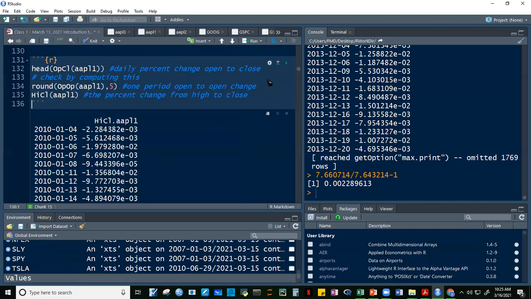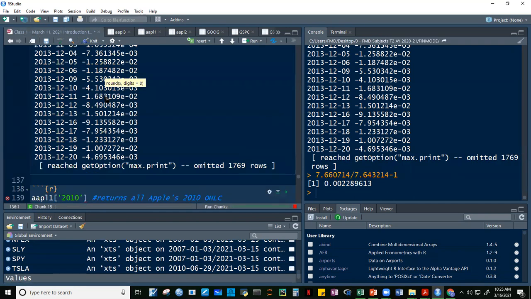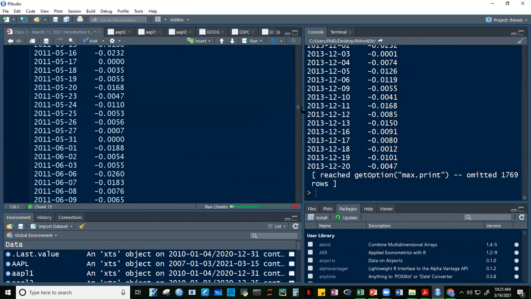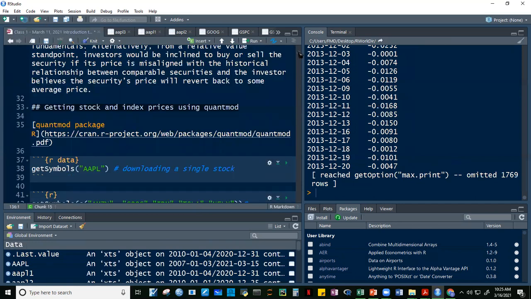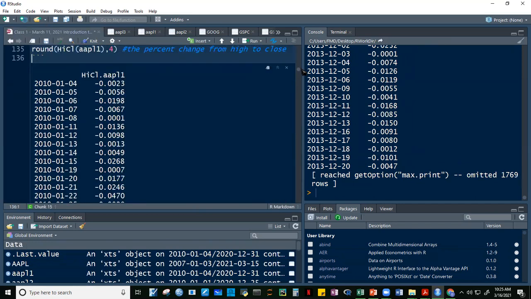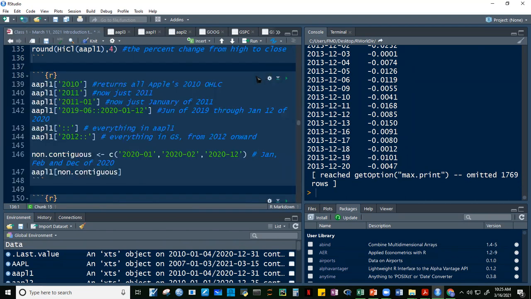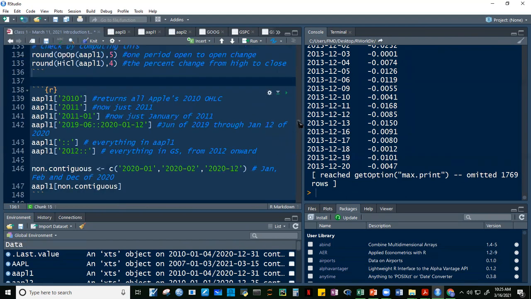Let's round this to 4 decimal places. And it's 0.022 something, 0.023. Okay. Any questions, guys? None, sir. Okay.